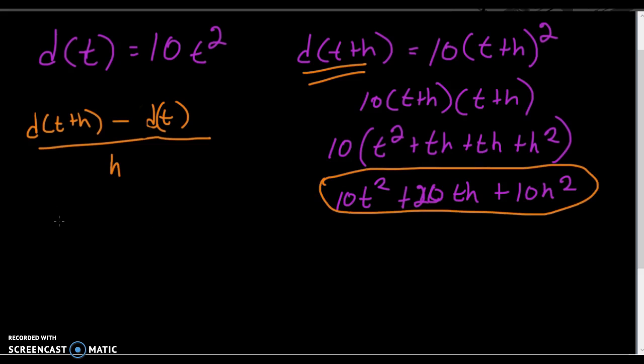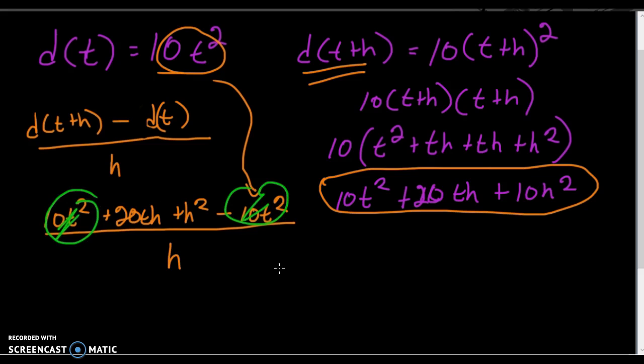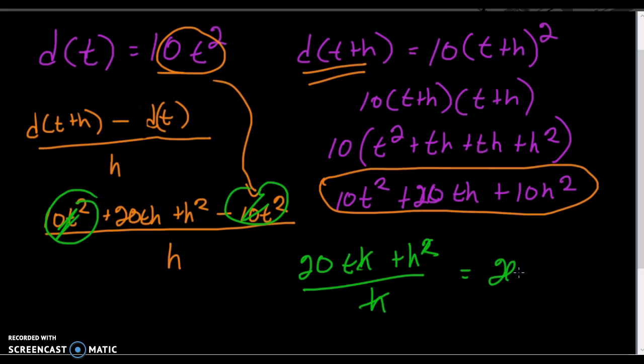So I'm going to replace this here: 10t squared plus 20th plus 10h squared, minus the original 10t squared, all over h. Cancel out all the terms that are opposite, this one and this one. 20th plus 10h squared all over h. Cancel out all the h's that are common. And so my difference quotient for this function is right here.